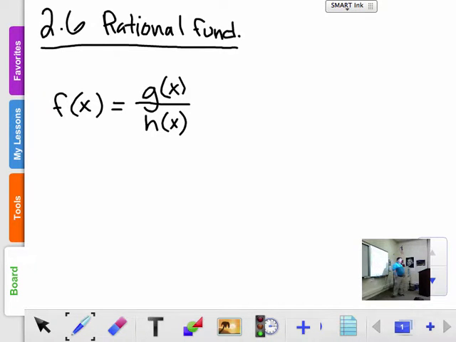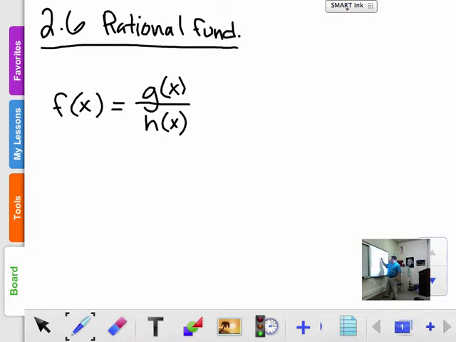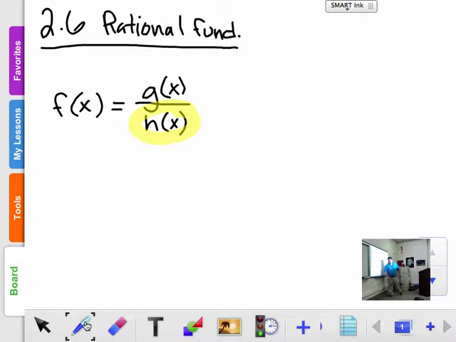All right? And so there are some properties, some things that we need to think about. For starters, what do we know about h of x?